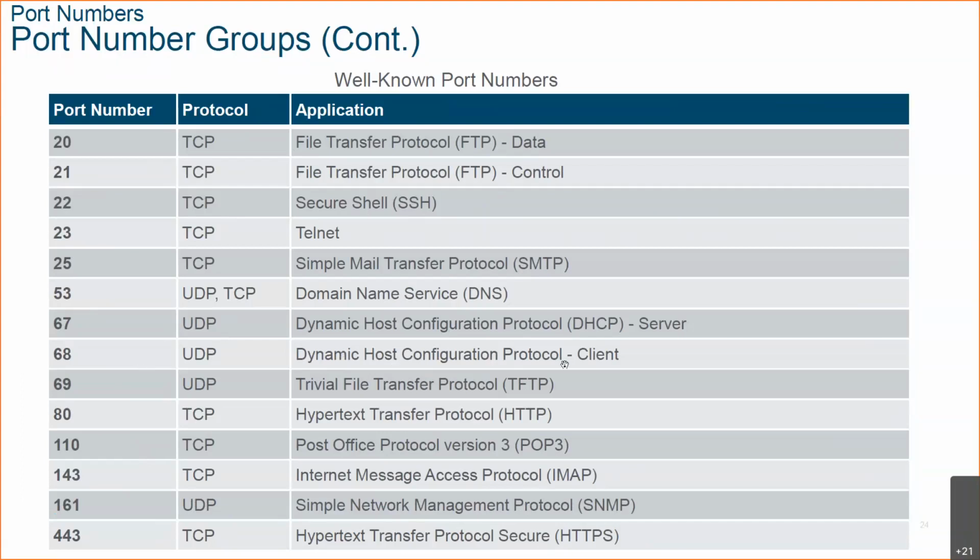You also have your client which requests an IP address from DHCP. When it's requesting, it works on port number 68, and the server assigns an IP address based on that request on port number 67.